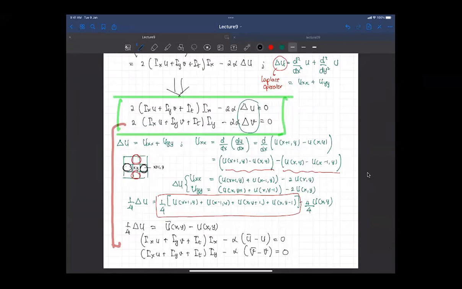Okay, so now we want to solve this problem. So this is the problem that we want to solve.